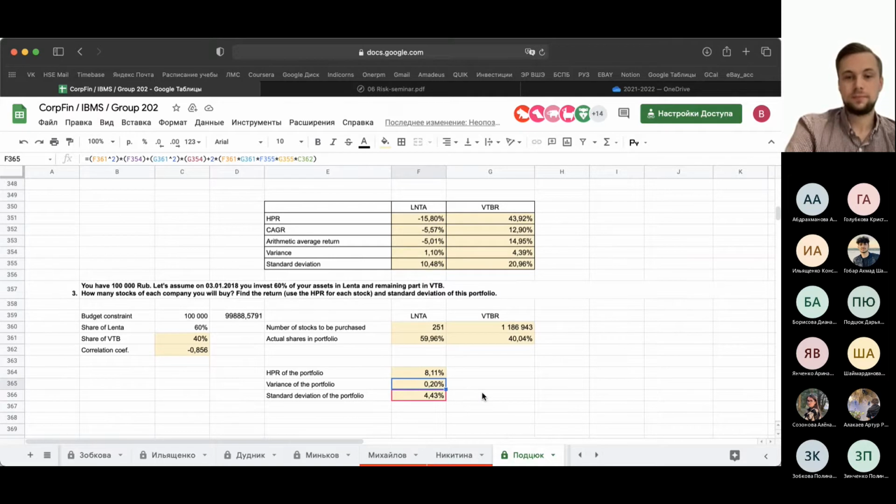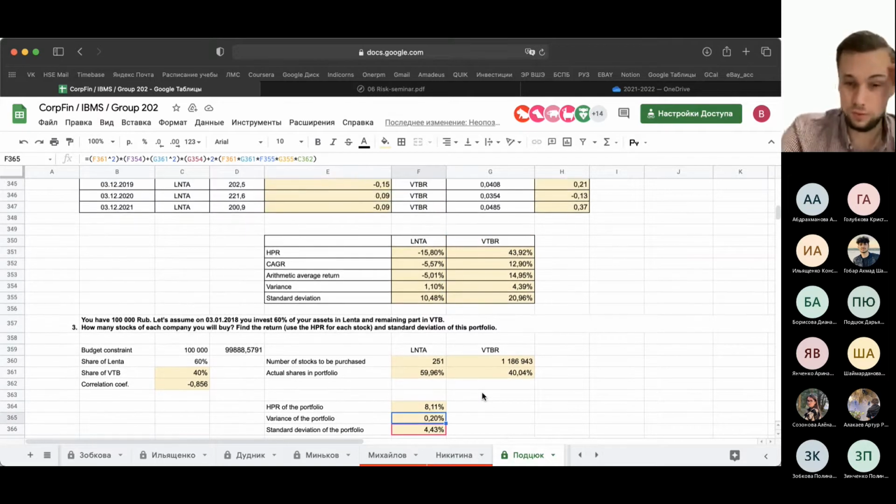So if we put these two stocks in the portfolio, it will have very, very little risk. And we can also compare the holding period returns with Lenta and VTB themselves. We have negative for Lenta and positive for VTB, and something in the middle for the portfolio. It is not as big as the return of VTB, but given that we have very little risk, this return is quite nice.